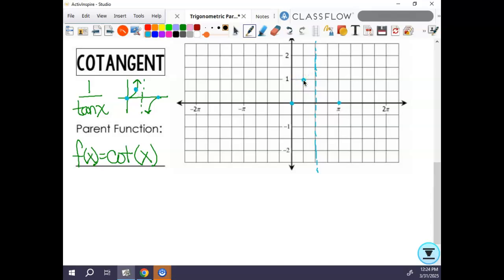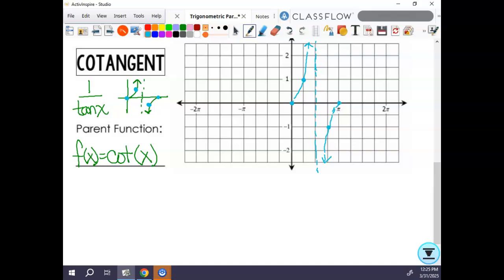And halfway between the other 0 and the asymptote, I'm down at -1. So I've basically just put that on my grid. And then this is the part that we're dealing with. Okay. And then we're done with your colored pencils.